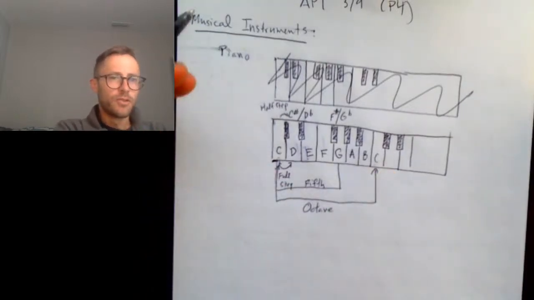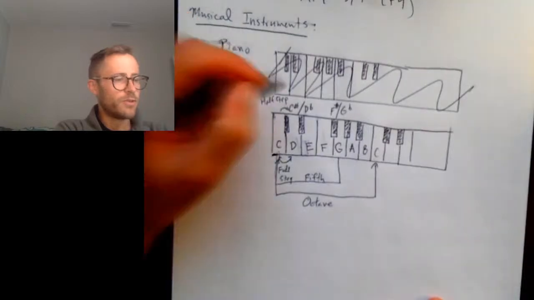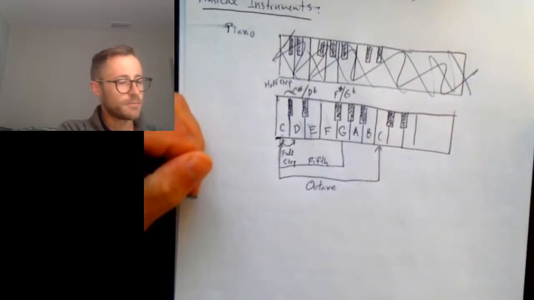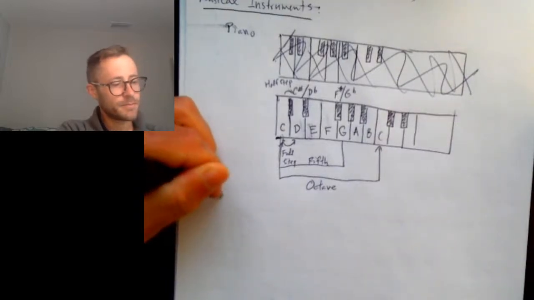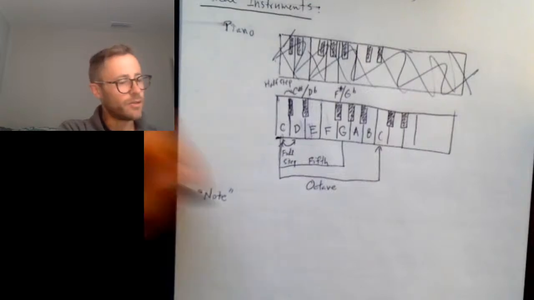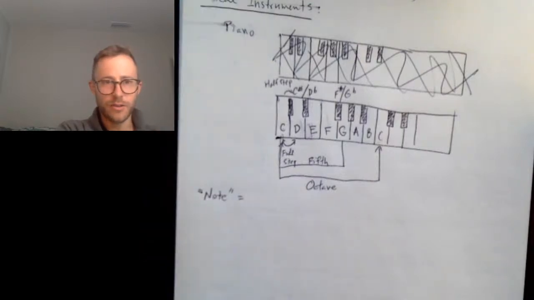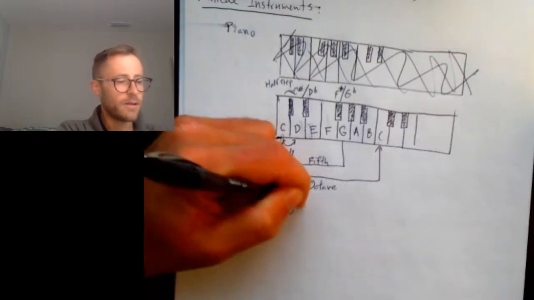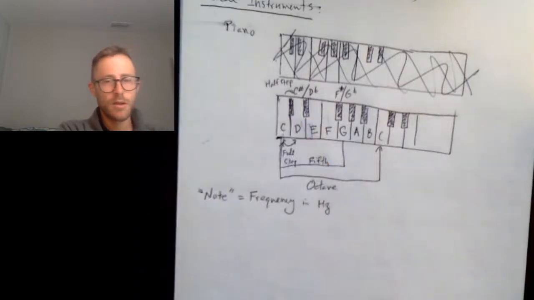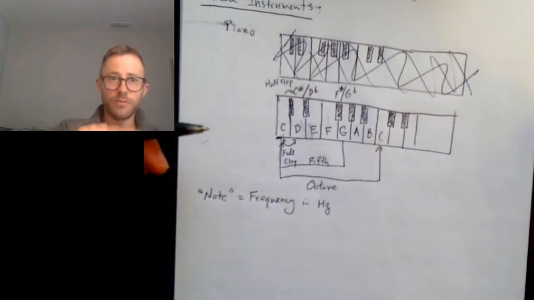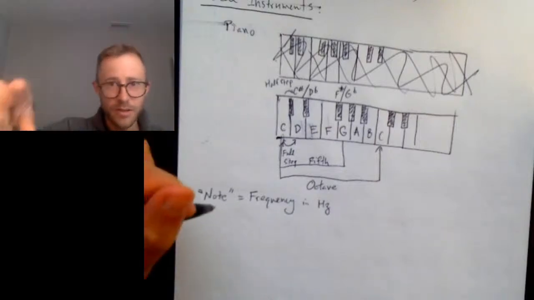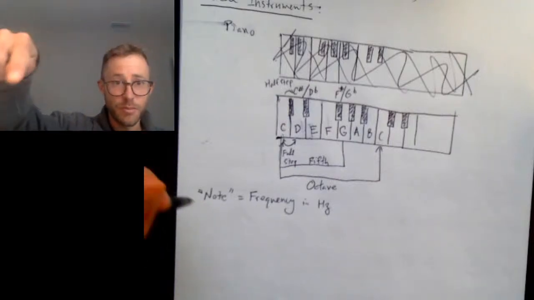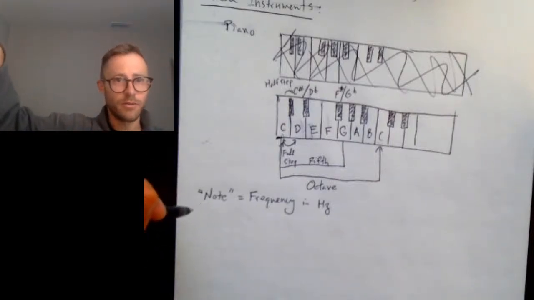All right. So it's important to understand that the note in music is really just the same thing as frequency in hertz. So if I gave you a sequence of notes, like first play C, then play E, then play G, really I'm saying make one frequency, then make another frequency, then make another frequency.